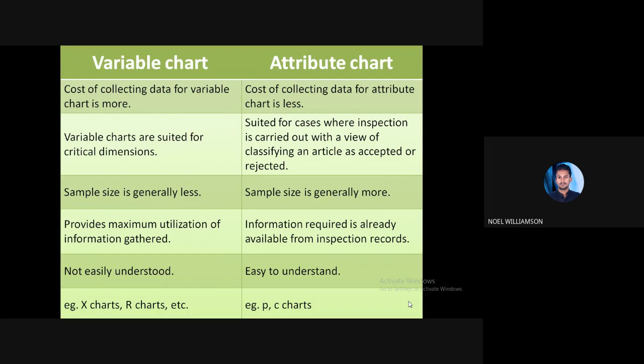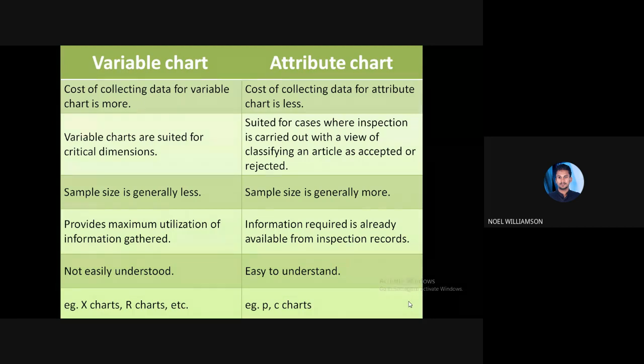And the attribute chart is suited for the cases where inspection is carried out with a view of classifying as accepted or rejected. That is, based on some condition, we say if it is accepted or rejected. In that scenario, we use the attribute chart. Suppose we are measuring some parameters using gauges.